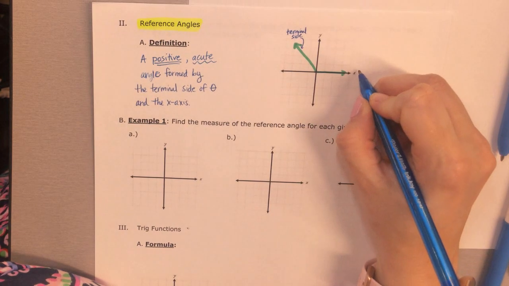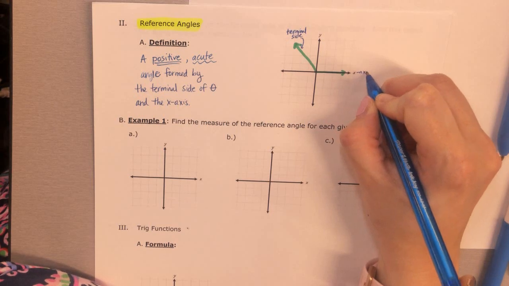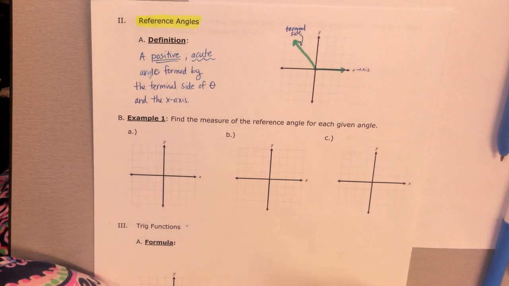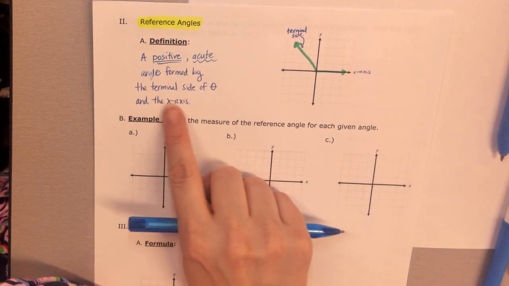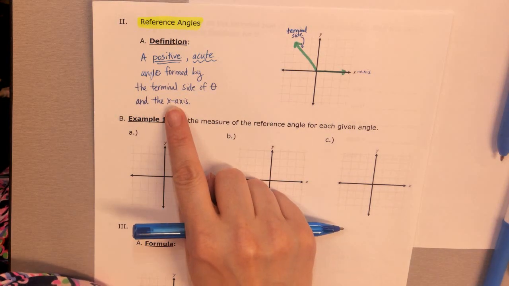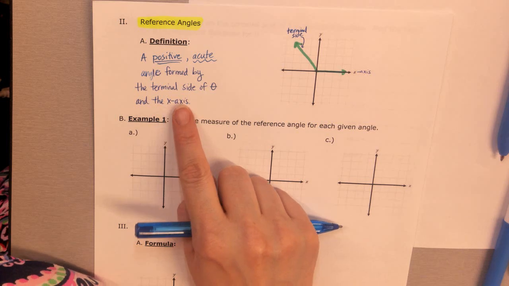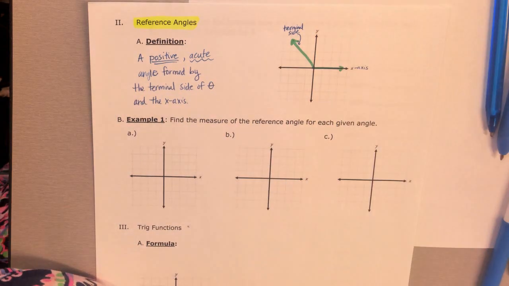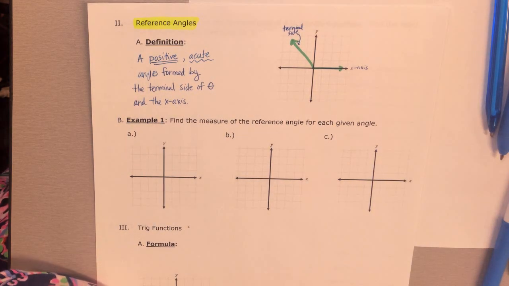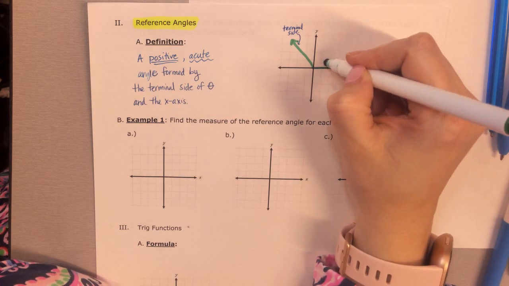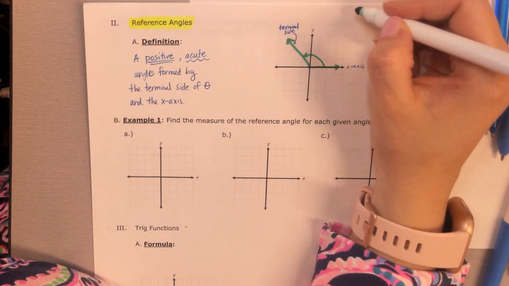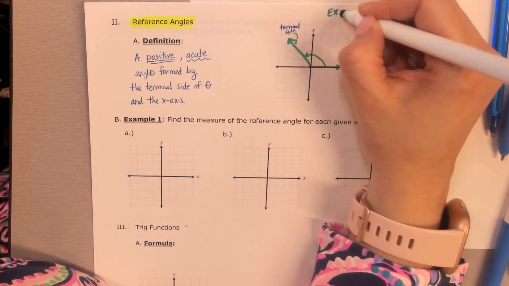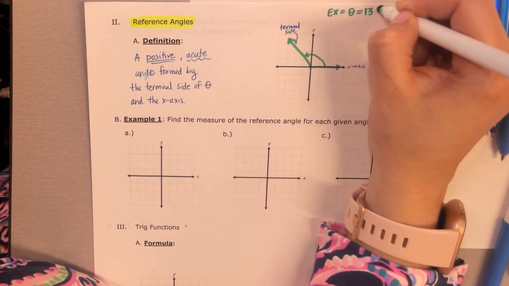And then this is the positive side of your x-axis, this is the negative side of your x-axis. Notice this just says the x-axis. Whatever your angle is, you are going to go to the side that is closer to it. As an example, we're going to say that theta is 135.